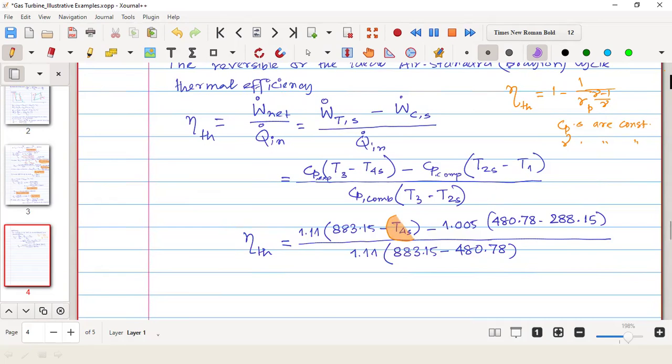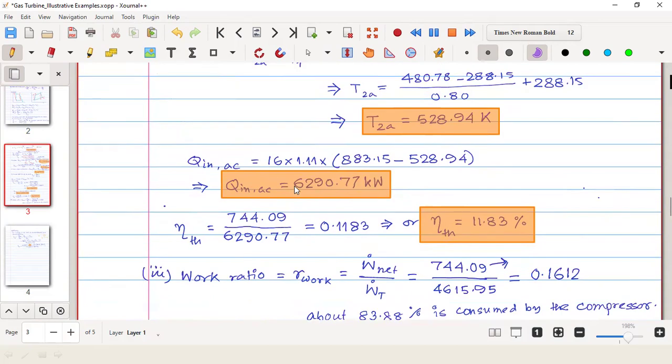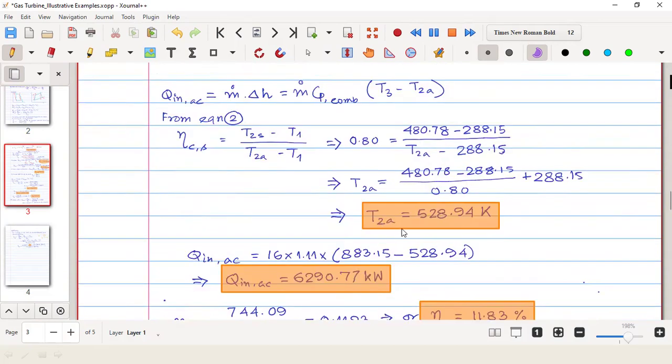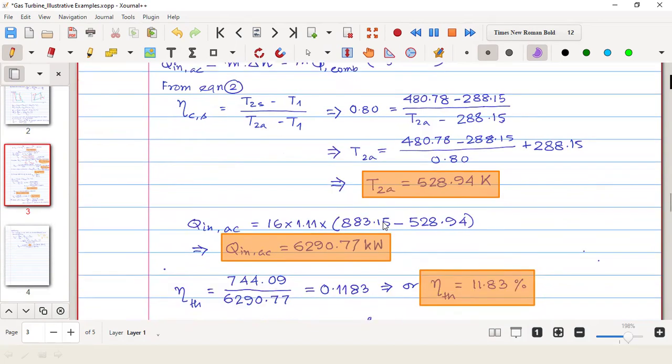This quantity we have not yet determined. Now, how to determine that? In the same way that we actually calculated T2s, sorry, in the way that we calculated T4s. T4s, I think we have already determined.